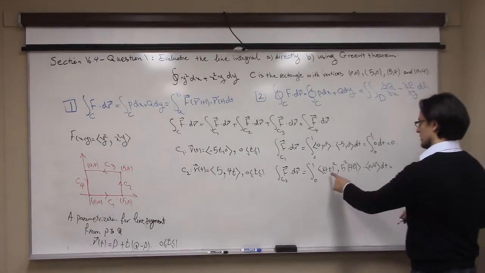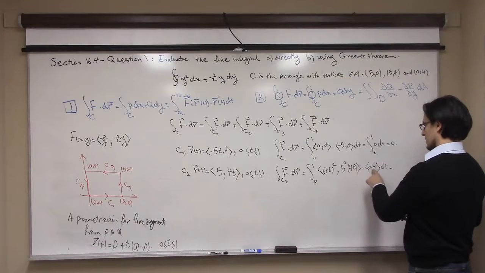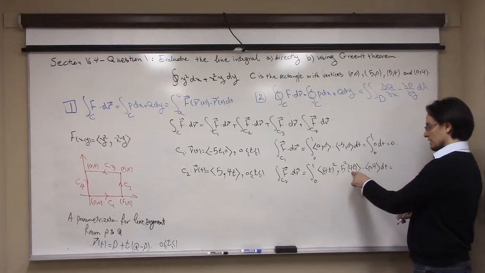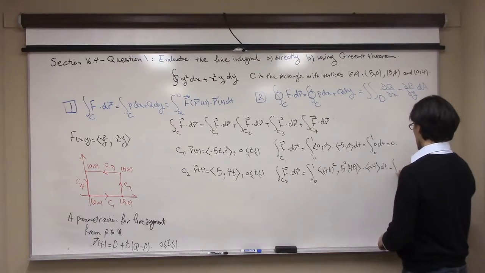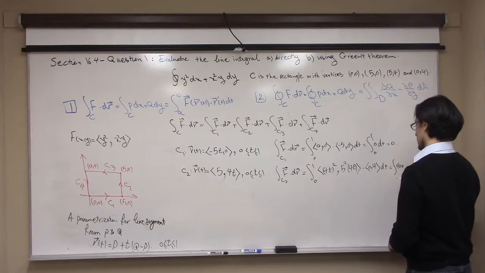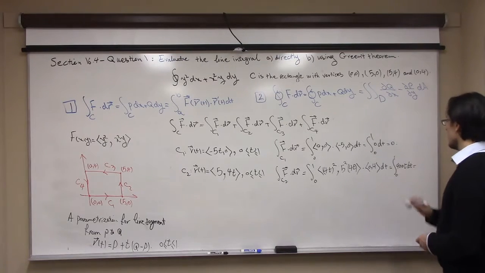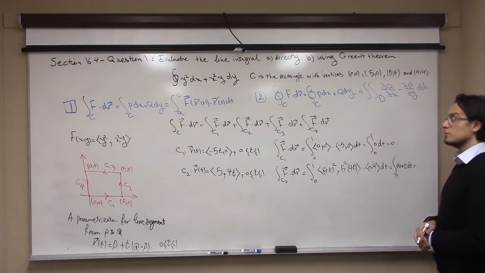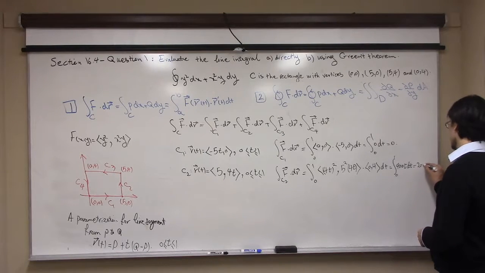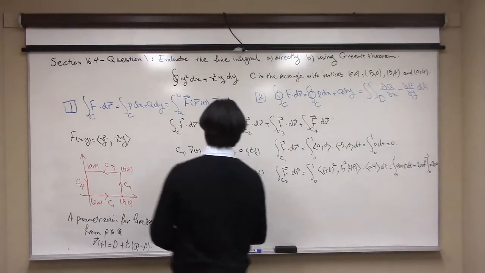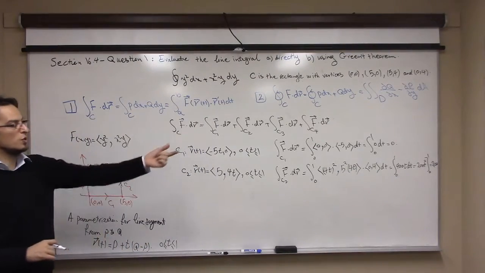Let's dot product this with that: 0 times this, this times this one. So I have 25 times 4, which is 100, times 4, which is 400t, from 0 to 1, dt. And then the integral of 400t is 200t squared, from 0 to 1. This gives us 200. So that's the second piece: the integral along C2 is 200.